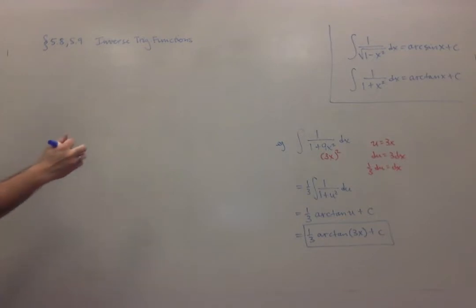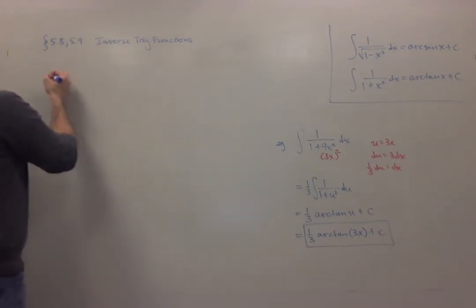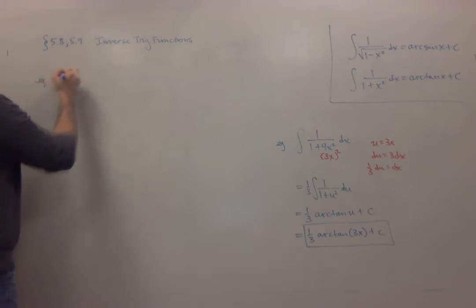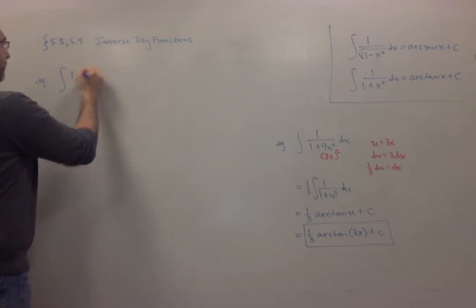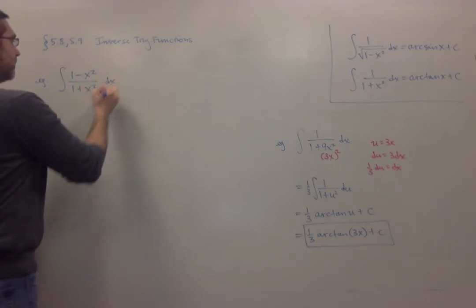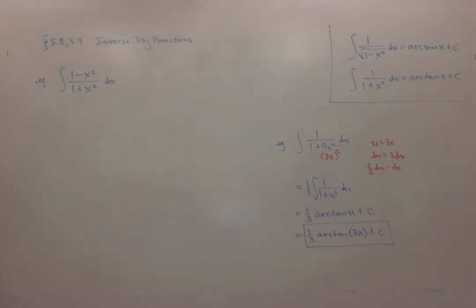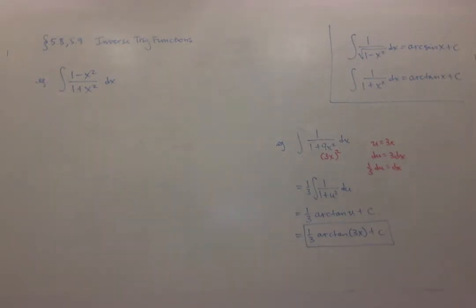Okay, so let me give you an example. You may need to do long division before you do anything else. So let's do an example here. Let's do 1 minus x squared over 1 plus x squared dx. Okay, that's my integral there.